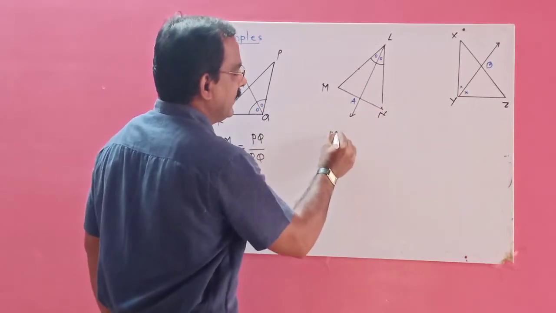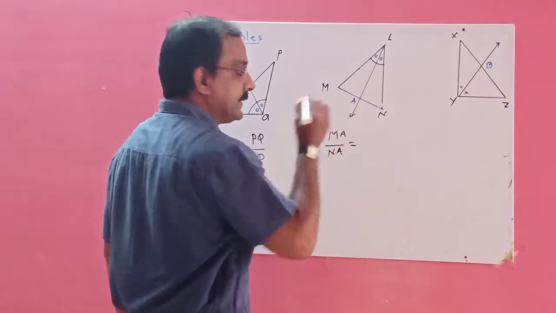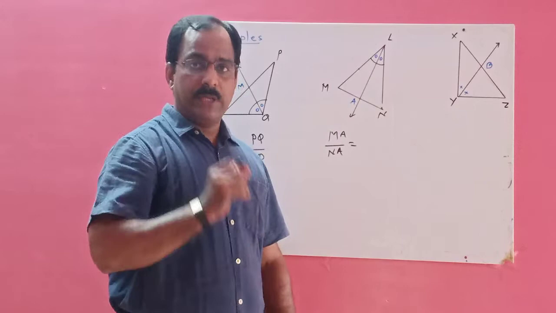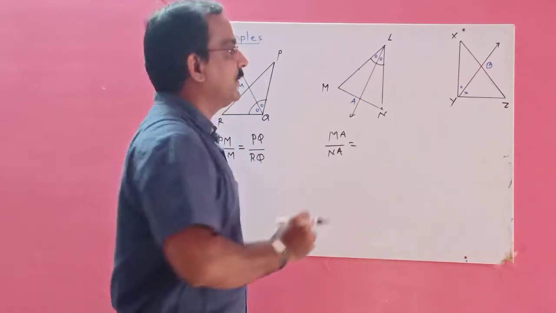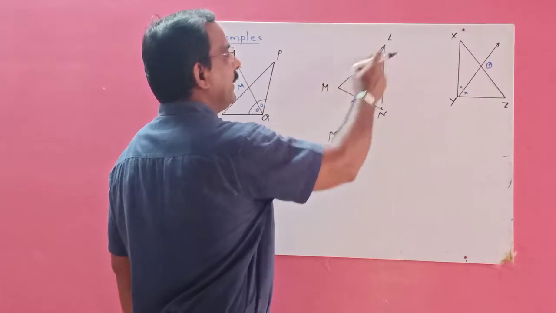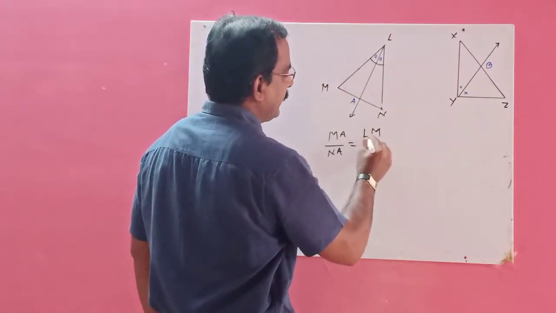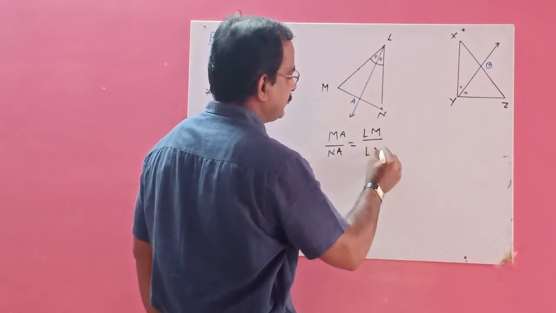That means MA upon NA, which is equal to the ratio of remaining two sides. So which are the remaining two sides? That is LM and LN. So here it is LM and LN.